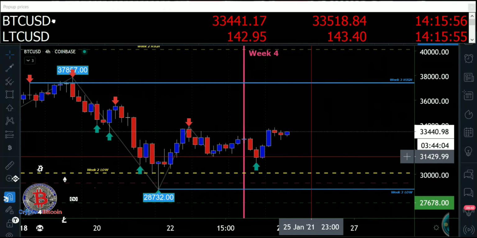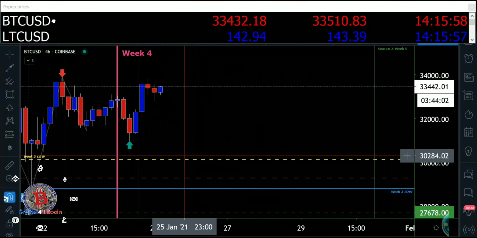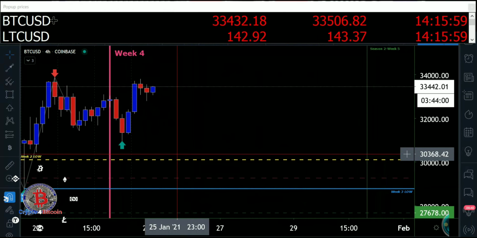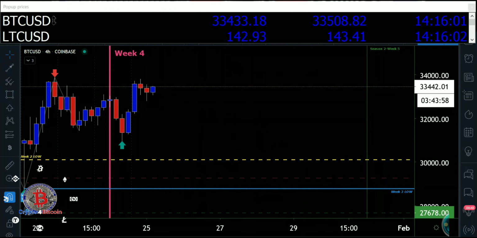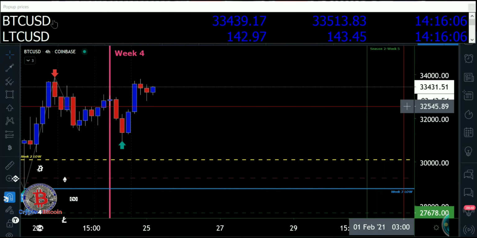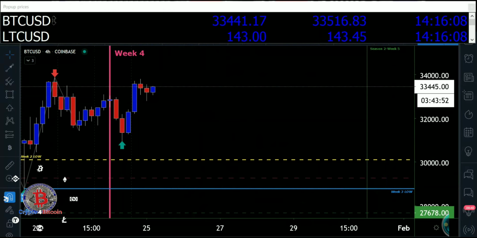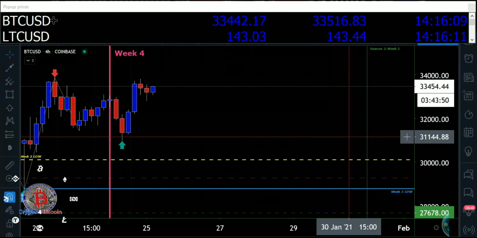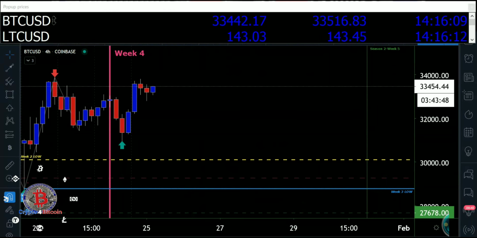We're in the 4th week of January right here, with price being at 33,000 area. Remember, we always use everything as an area or price range, because with Bitcoin, I don't feel you should ever try to really determine a price like, oh, 34,6something.